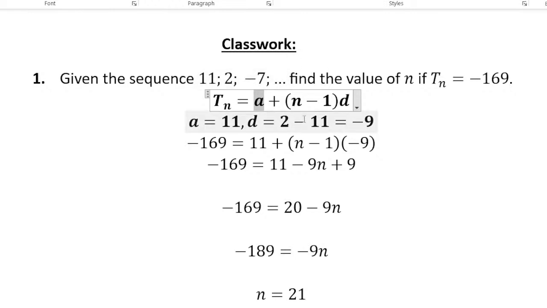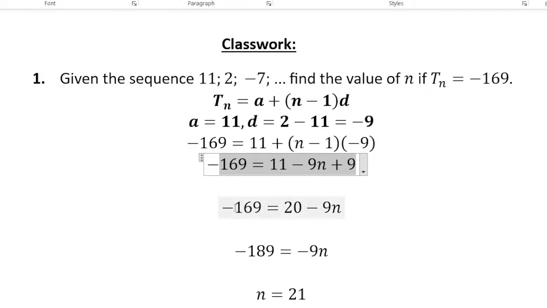So now we substitute Tn as negative 169, a as 11, (n minus 1), and d as negative 9. Then we simplify this equation.